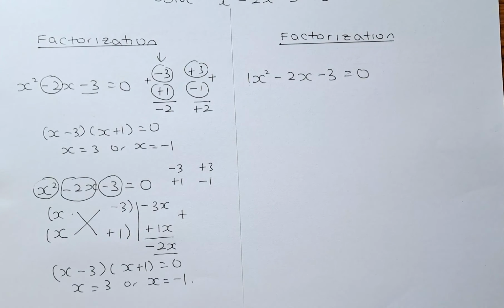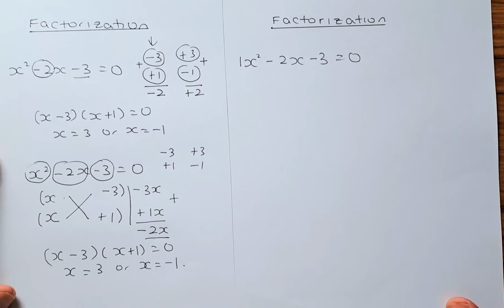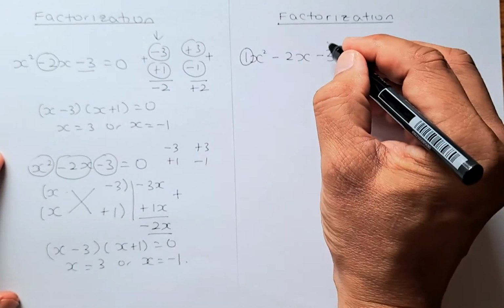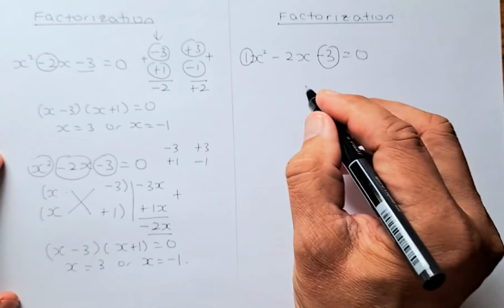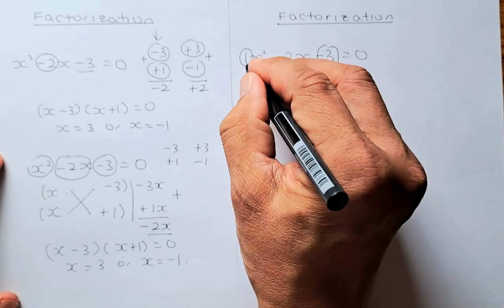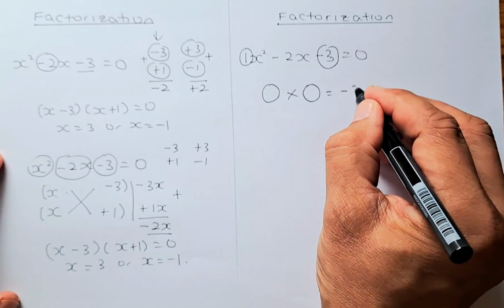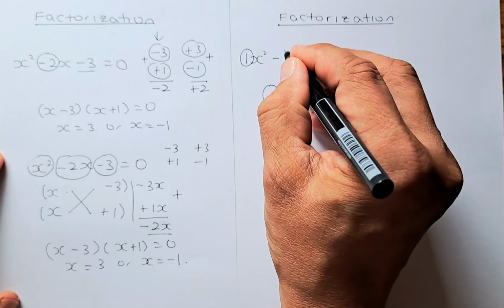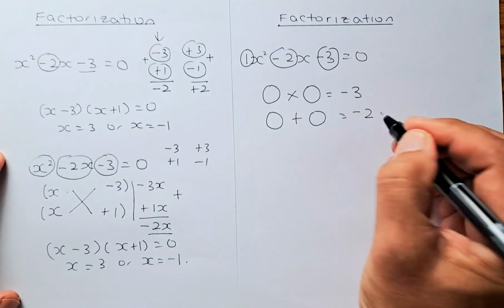The third method, which I think is quite common in New Zealand schools, is that you multiply this number with that number. So 1 times minus 3 is negative 3. So you need 2 numbers that multiply to give you negative 3, and add to give you the middle number, negative 2.